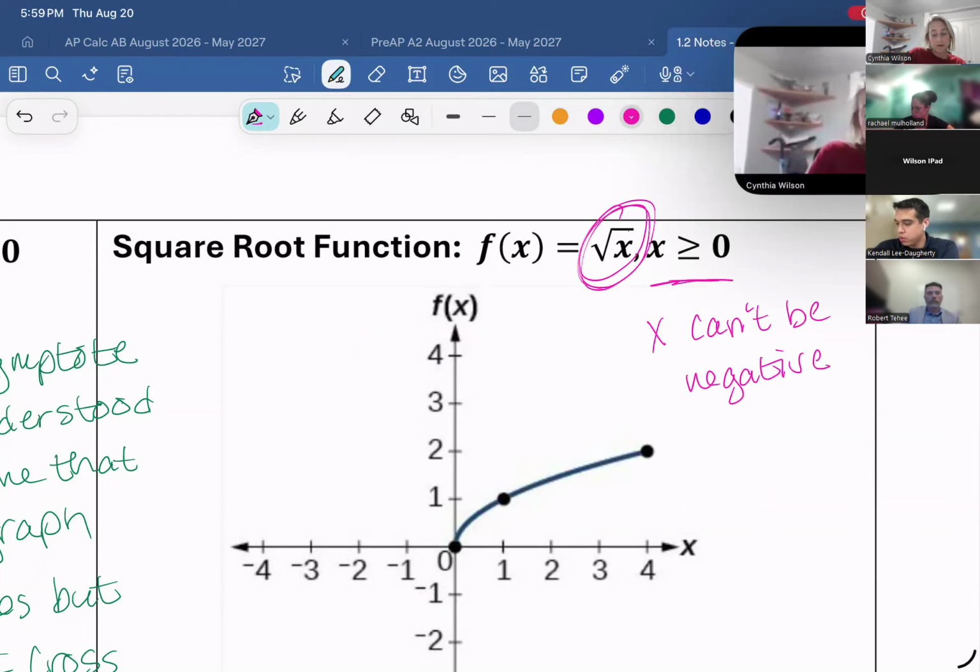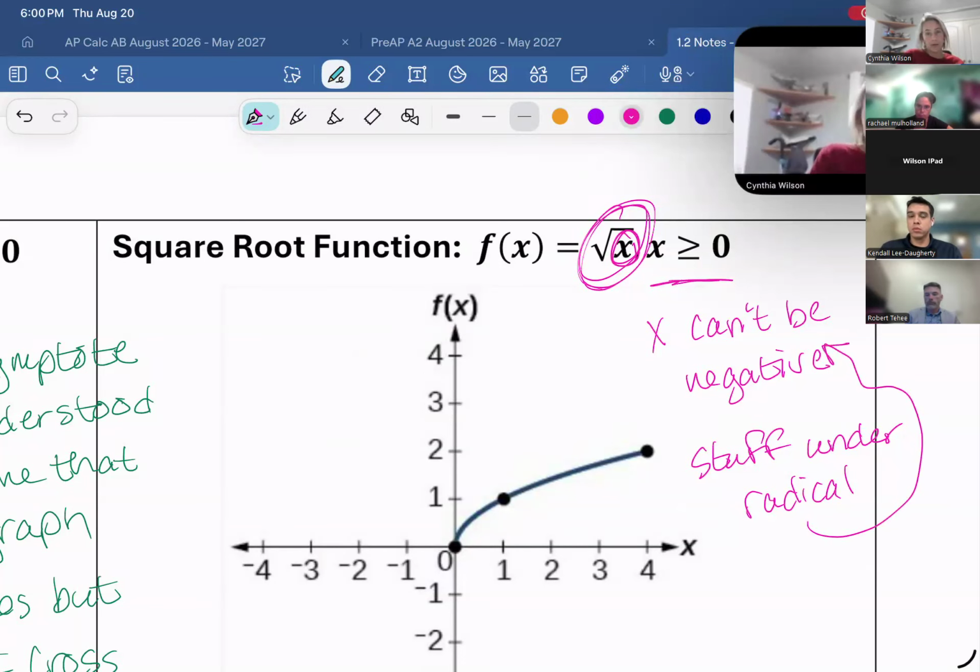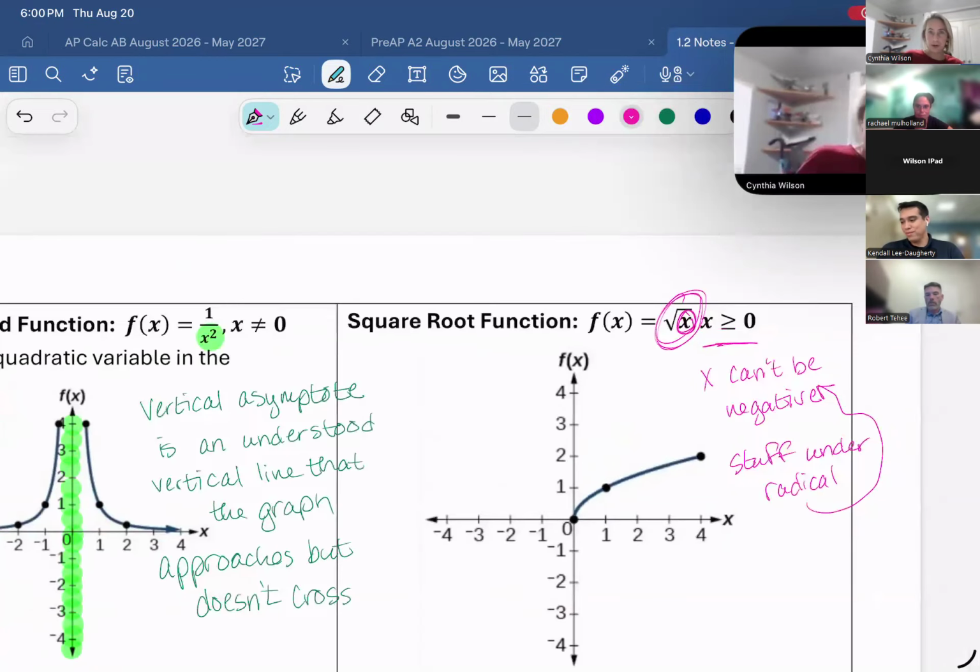So the stuff under the radical, whatever's under there, can't be negative. Otherwise it ends up with something called imaginaries, and you don't need that right now. That's a future problem, not a now problem.